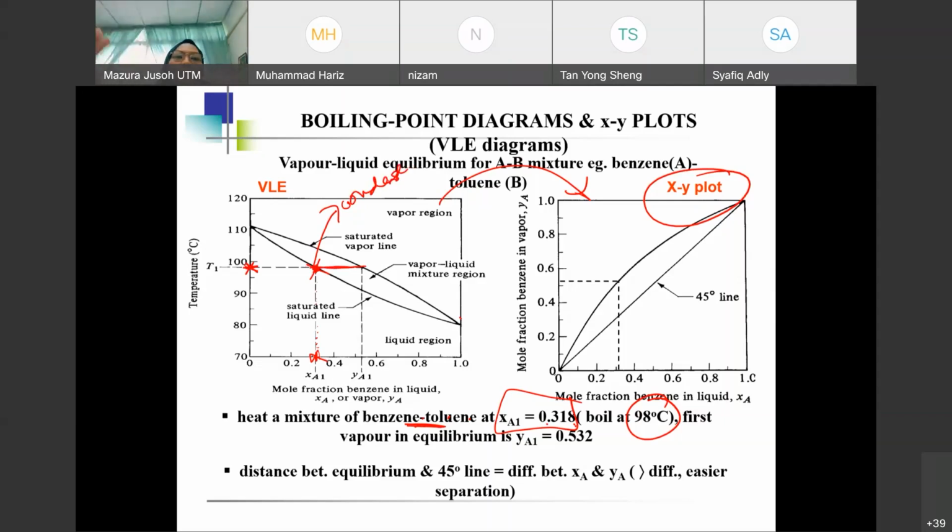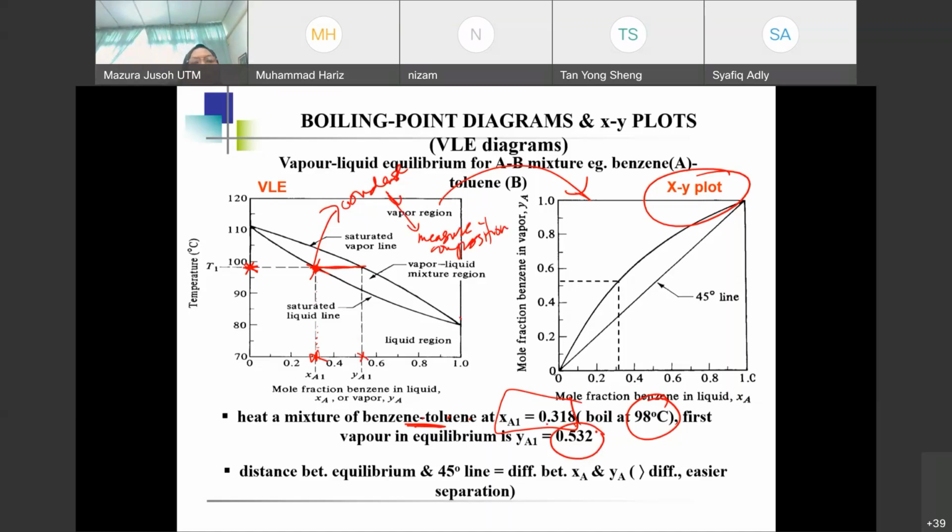But what you found from the condensed vapor, you measure the composition. Okay, when it's condensed, you get YA1, which is 0.532.